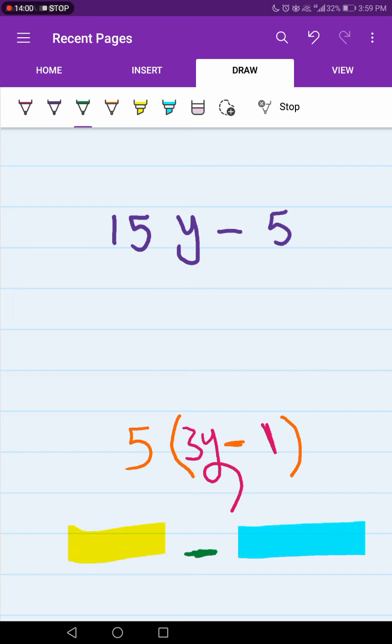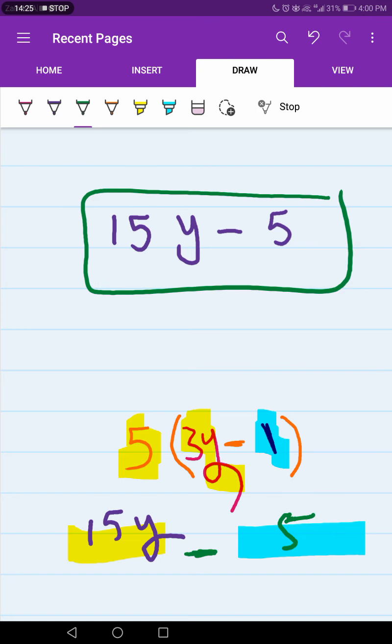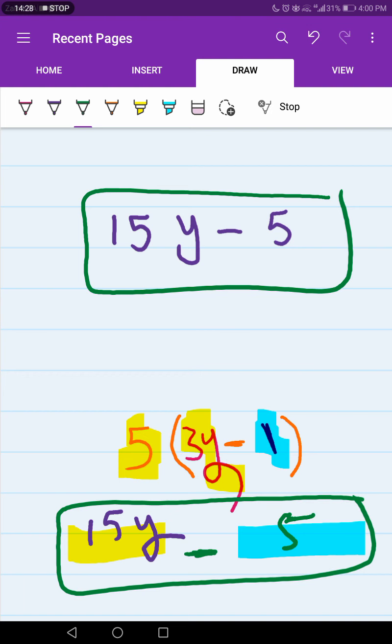Now we start: 5 multiplied by 3y equals 15y, and 5 multiplied by 1 equals 5. See, 15y minus 5. So we are back. One step back.